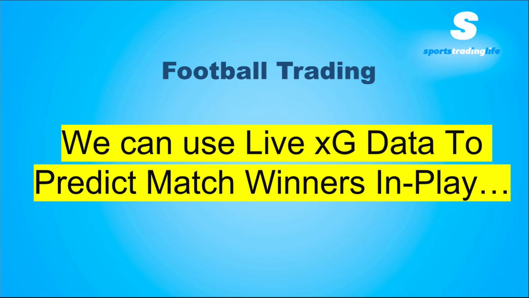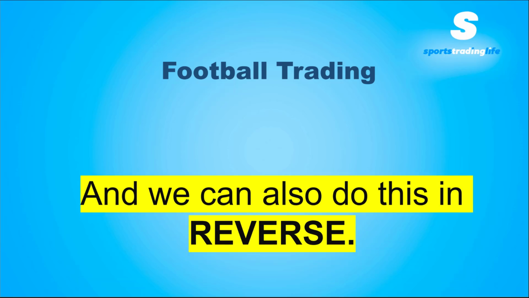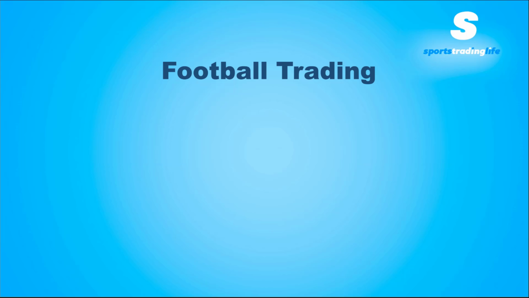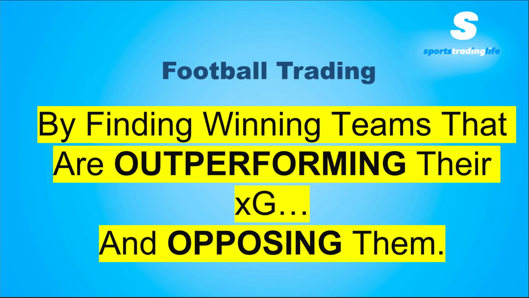But here's the thing, if we can predict the winners, then surely we can also do this in reverse, and we should be able to predict which teams are winning but not likely to hold that lead, which is another huge football trading skill to develop, and the usage of live XG can make that all the more easier. So we can do that by finding winning teams that are outperforming their XG and then opposing them.